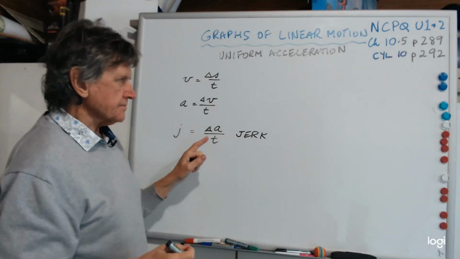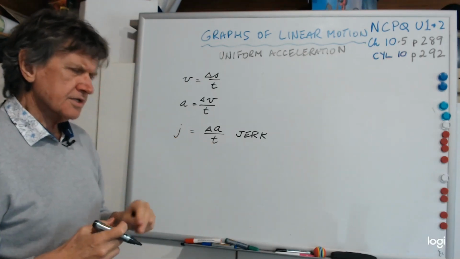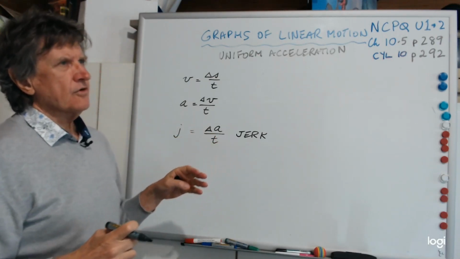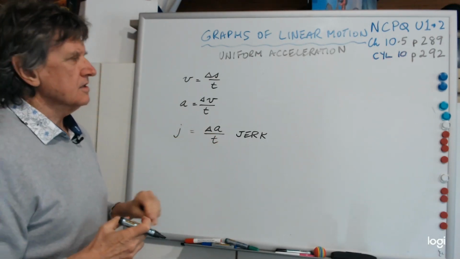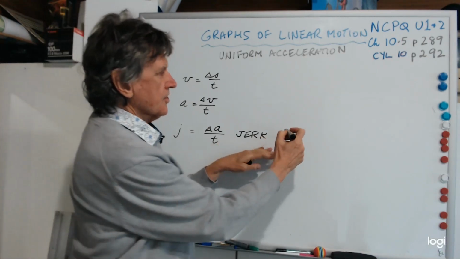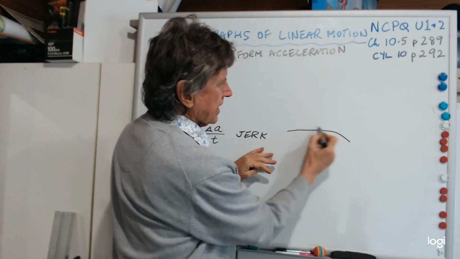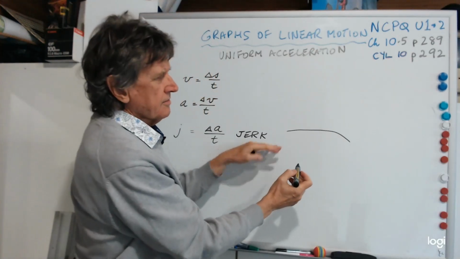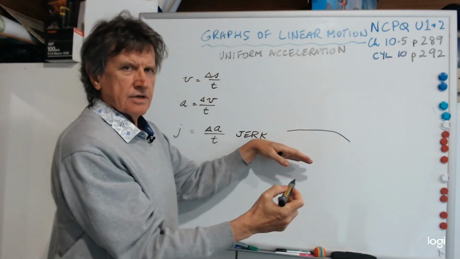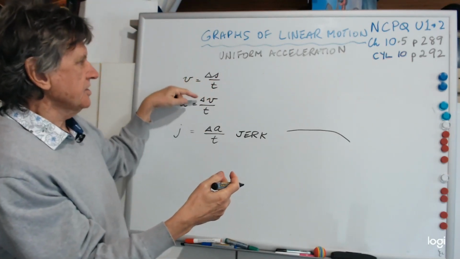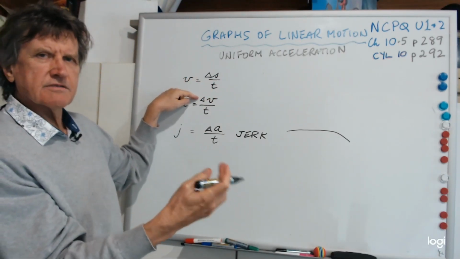Now, some good examples might be if you're looking at train lines. One good example is if a train's going around a curve, because it's changing its direction, it's accelerating. Remember, acceleration is a change in velocity. Well, velocity is a vector.